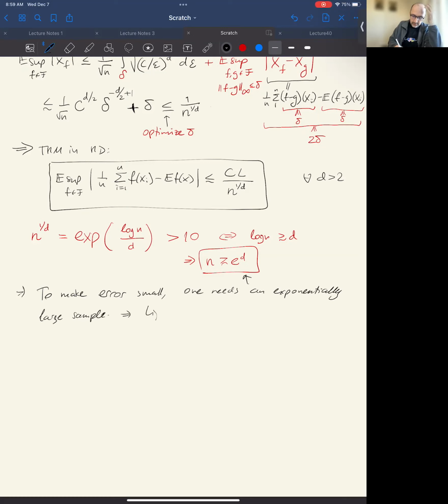And that means that Lipschitz regression suffers from the curse of high dimensionality.